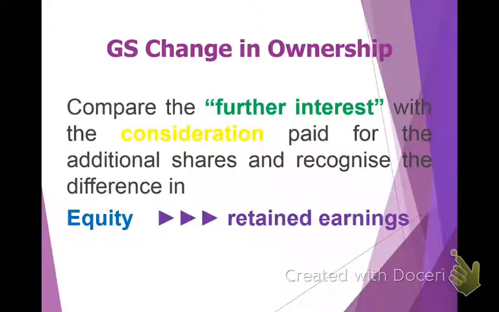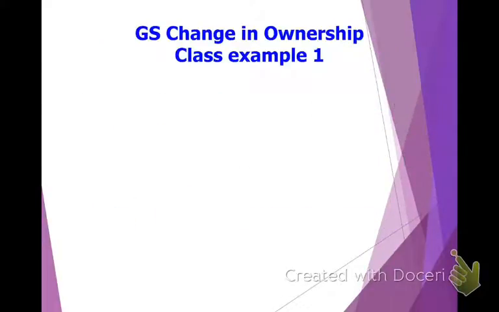So we compare this further interest that we have now received with the consideration that we paid, the amount that we paid for these additional shares. And the difference between these two calculations is then recognized in equity as retained earnings, directly to retained earnings. Now let us have a look at class example number 1.